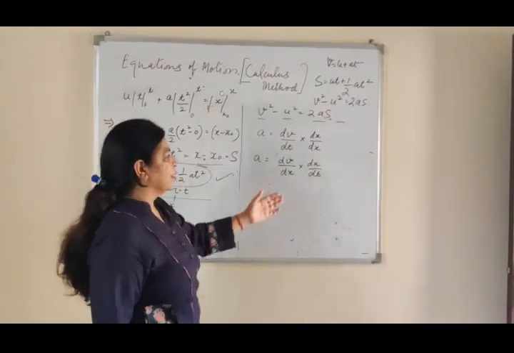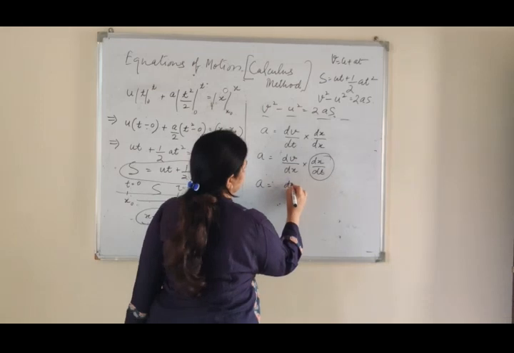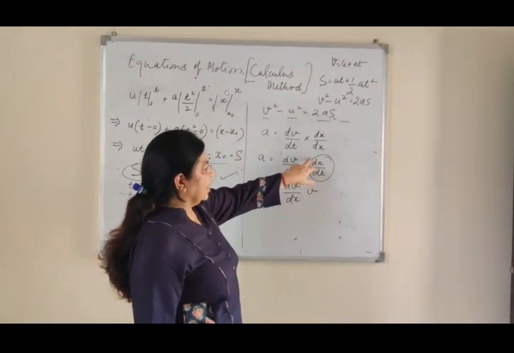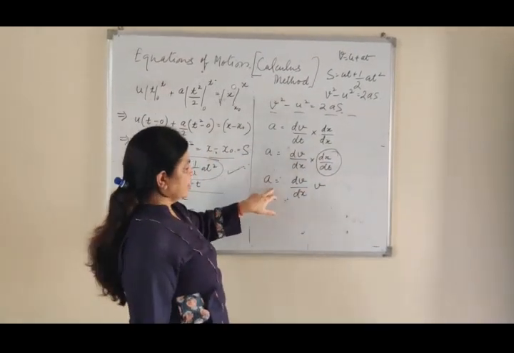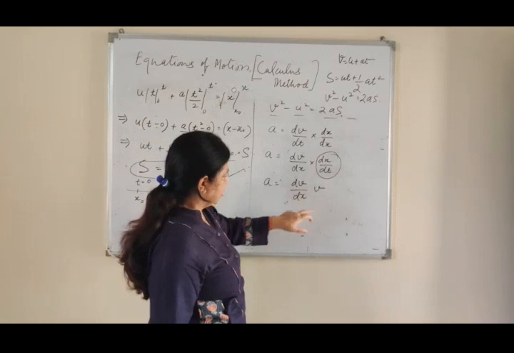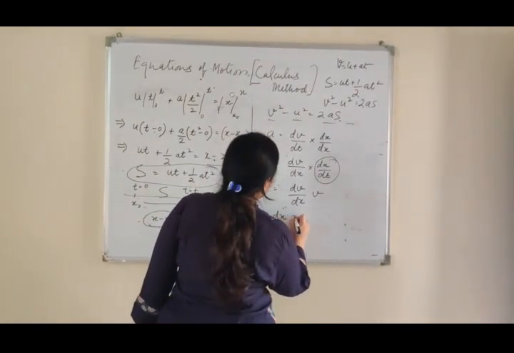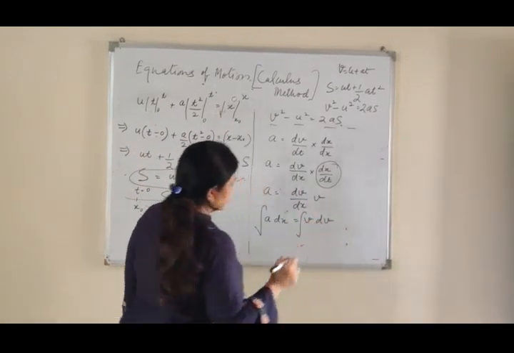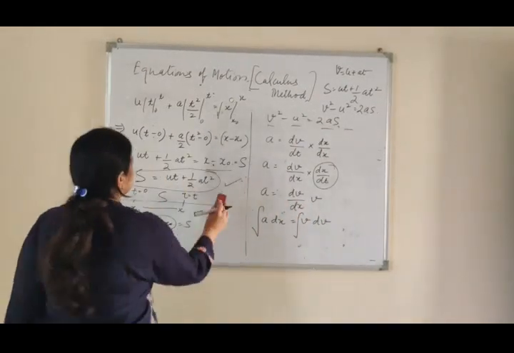That also makes no difference. Now this dx by dt can be written as v, because what is v? Rate of change of position. Now I am having the equation a is equal to dv by dx into v, or we can write it as a dx is equal to v dv. Now integrating both sides, again the limits for x and v we will see.